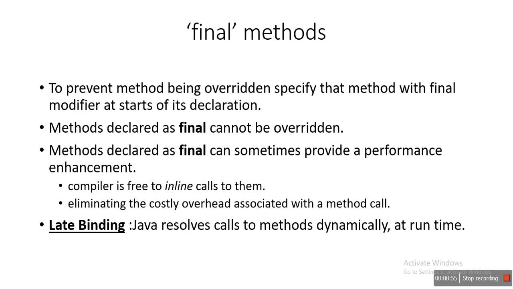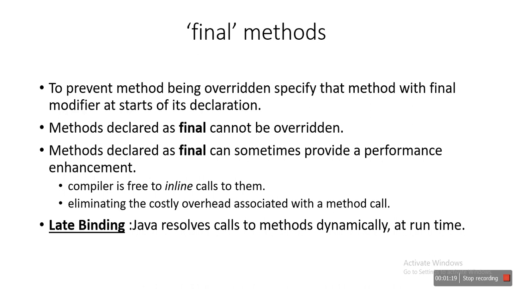Within the child class we declare one more method called show, similar to the method present in the parent class. So in child class B it is also the show method with the same name and number of parameters. That show method is considered overridden within the child class.